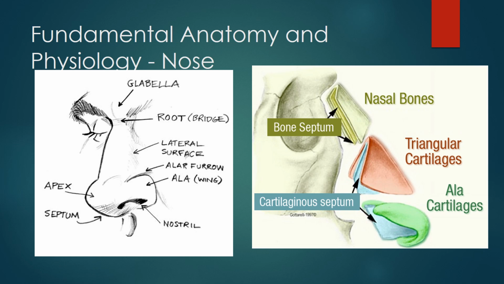As you can see from this diagram on the right, our nose is made up of a bony part, so we've got our nasal bone superiorly with our cartilaginous part inferiorly.